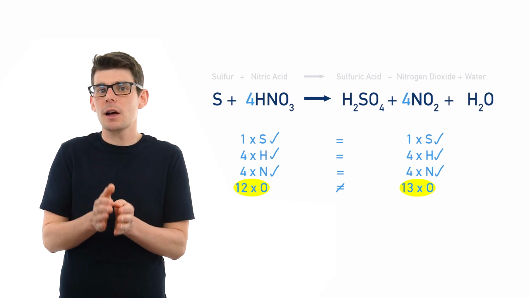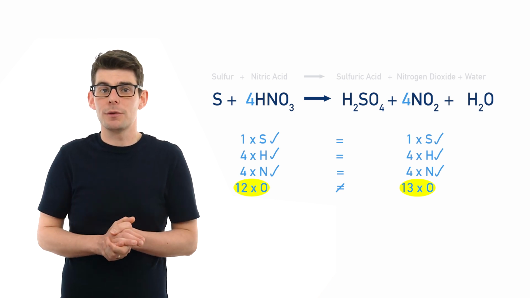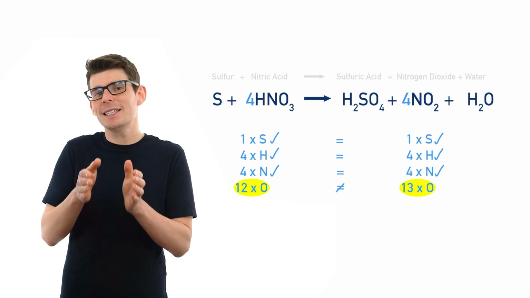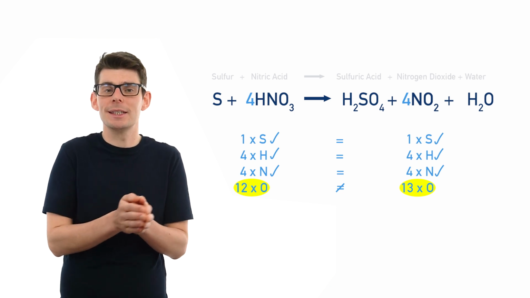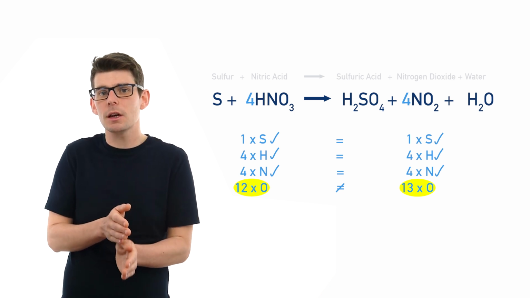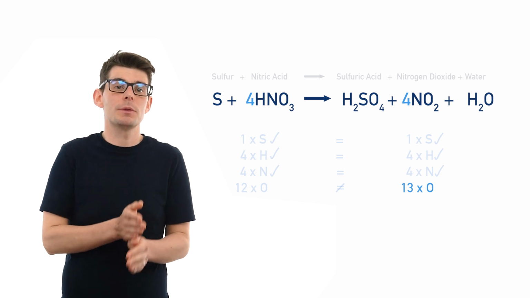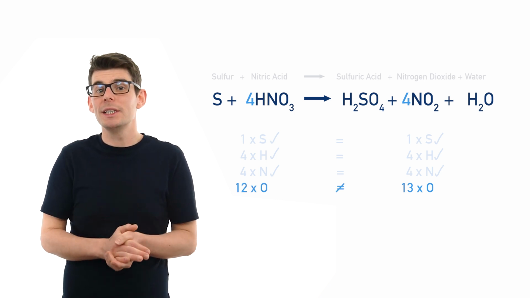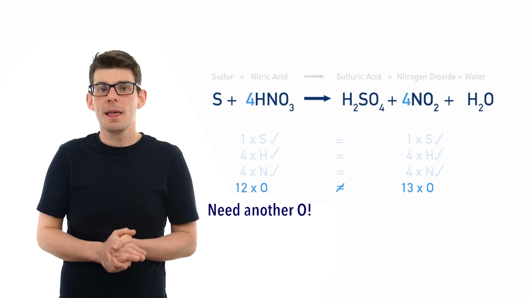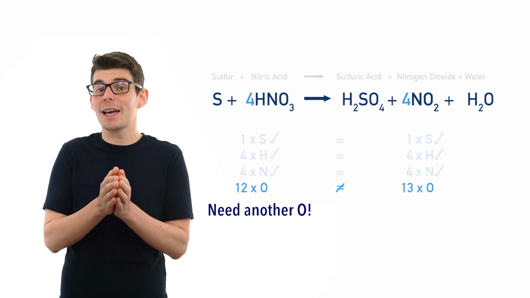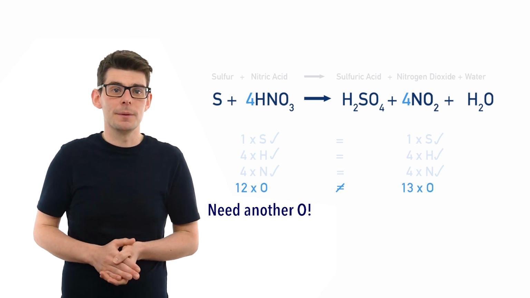We've just balanced up the HNO3 to H2SO4 and NO2, meaning it is the H2O we need to consider now. 13 times O on the right and 12 times O on the left means we need another O on the left. This can only be done by adding another HNO3.